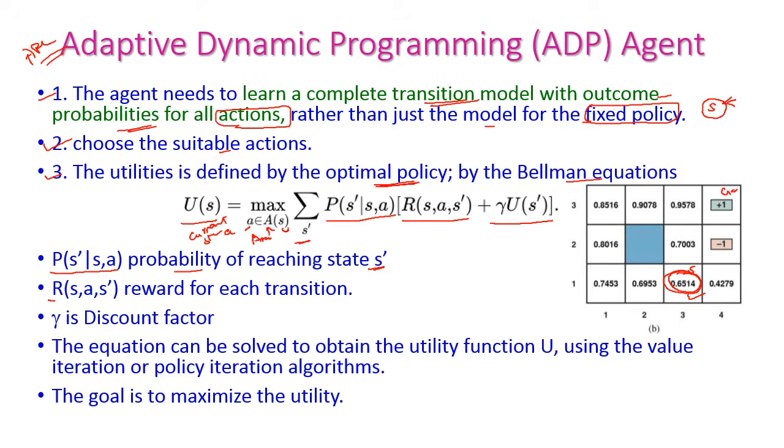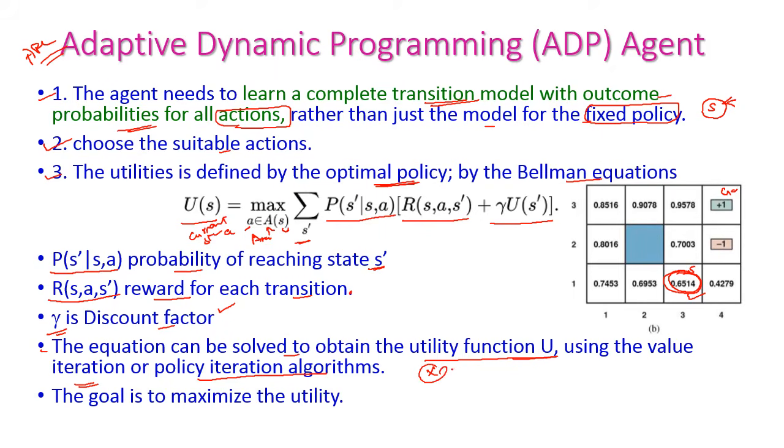And next one is capital R(s, a, s'), which is nothing but the reward of each transition. And gamma is nothing but the discount factor. The equation can be solved to obtain the utility function U using the value iteration or policy iteration algorithm.